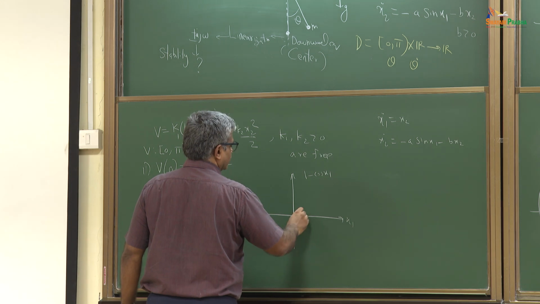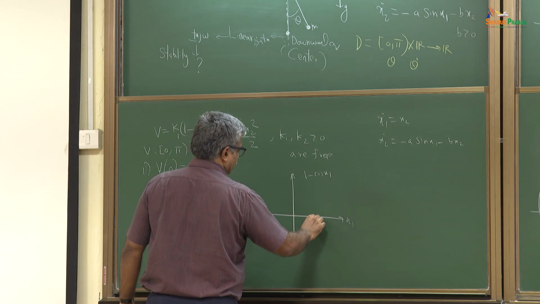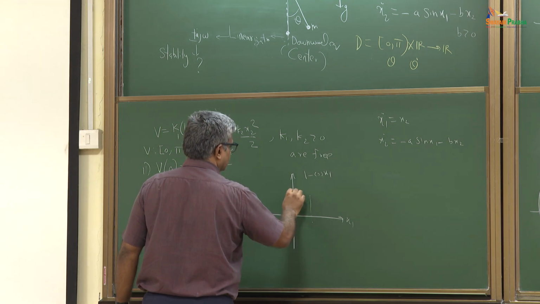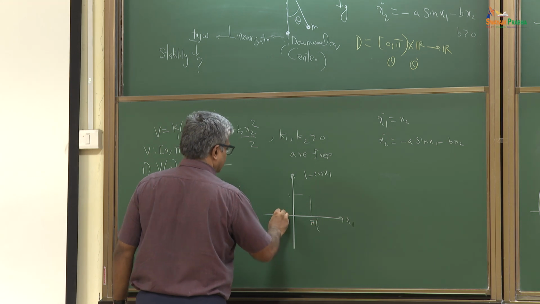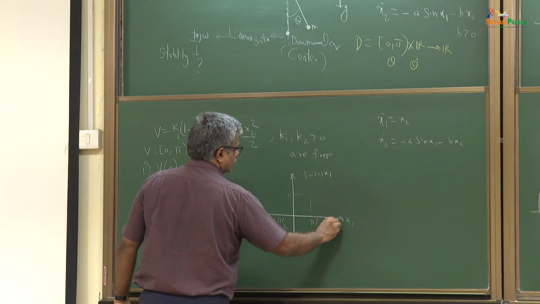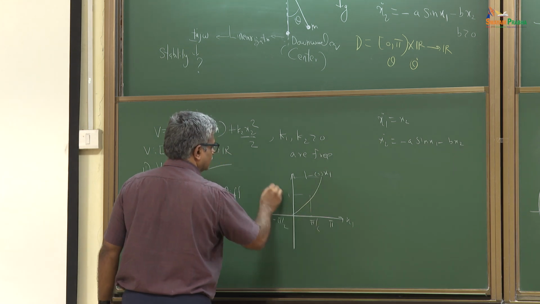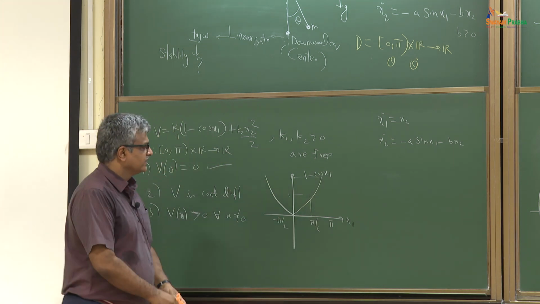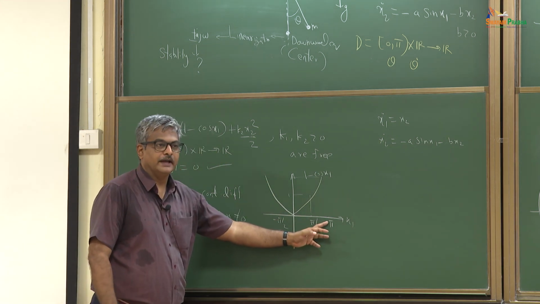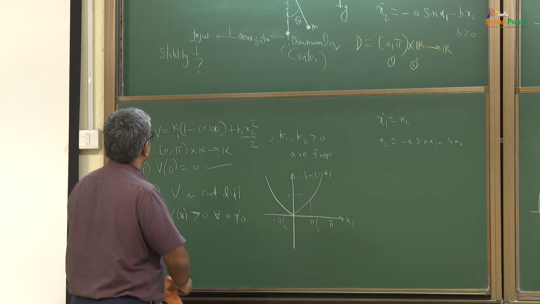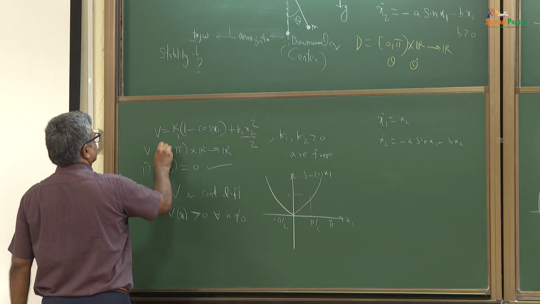It is 0 here, and at pi by 2 it is 1, and at pi it is 2, right? So at least in the interval 0 to pi, I think I can take this to be minus pi to pi.